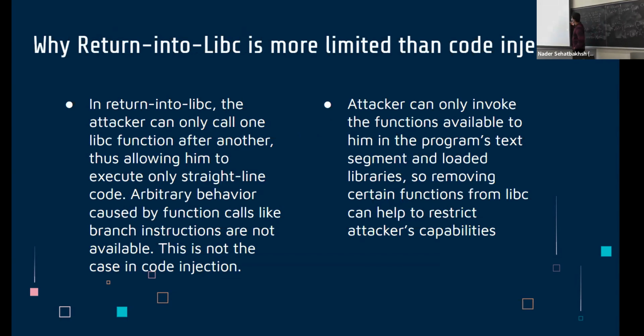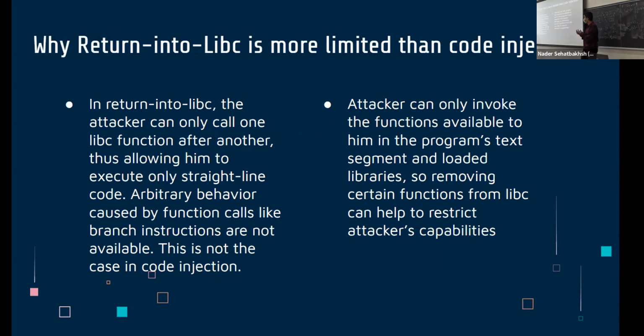Okay, just a couple of points on why return into libc is sometimes more limited than code injection. One is that you can only call one function after another. So you only get the capability of straight line code execution as compared to the arbitrary behavior that you can get from code injection, because in code injection you can use any kind of branch instructions to jump from one place to another.